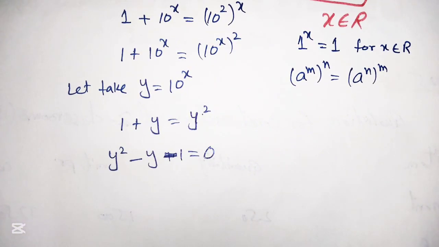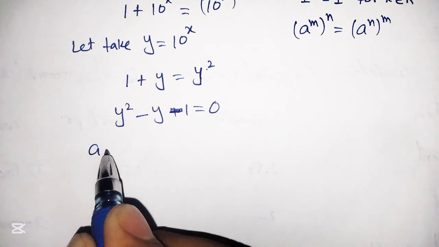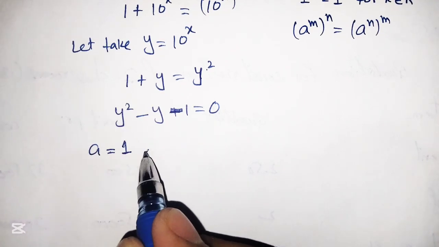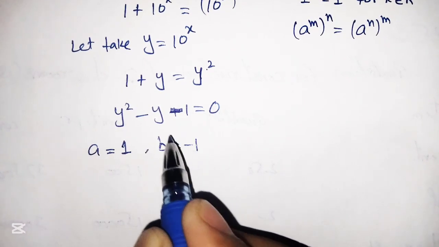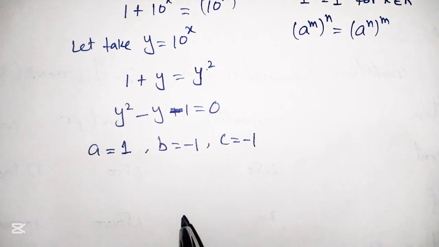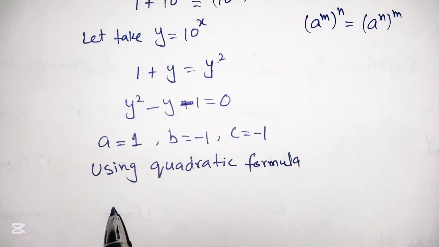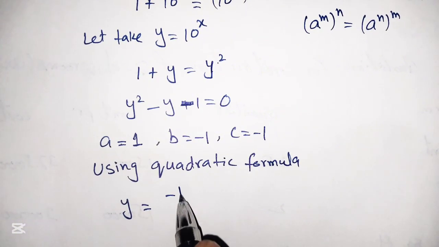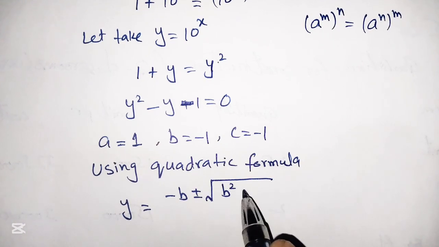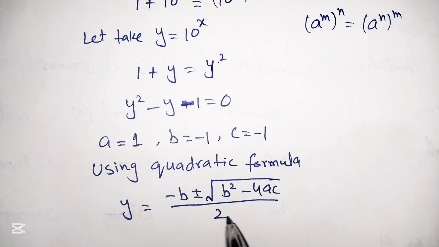Now it is a quadratic equation and we will use the quadratic formula to solve this. For this purpose, a is equal to 1, the coefficient of y square, b is equal to minus 1, the coefficient of y, and c is equal to minus 1, which is the constant. Using the quadratic formula, y is equal to minus b plus minus square root of b square minus 4ac, over 2a.